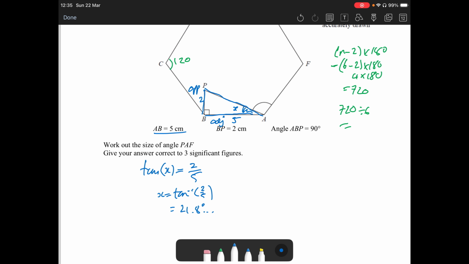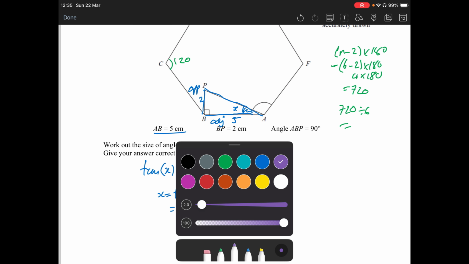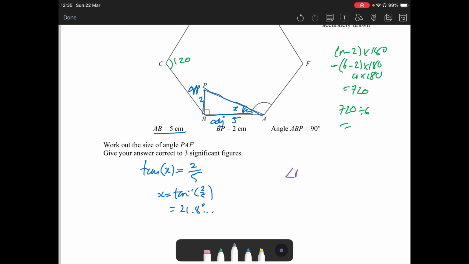So let's wrap this up now. Angle PAF is going to be all of this, which we said was 120. But that obviously includes the blue section we don't want. So we're going to have to take away angle X. So take away 21.8 from 120. I have rounded it again.